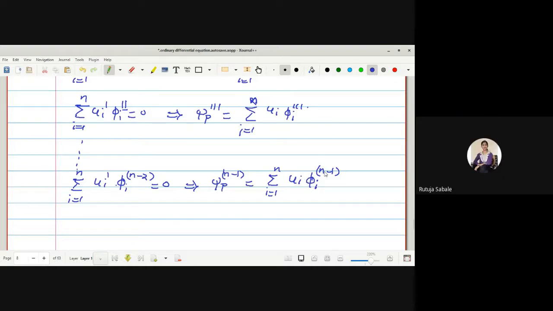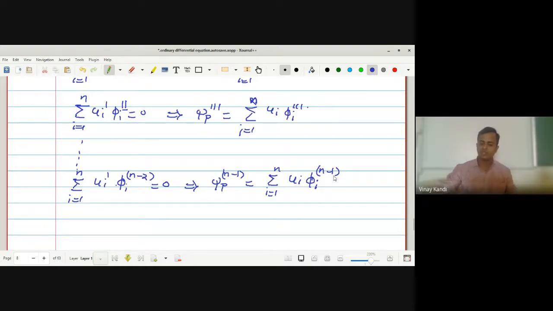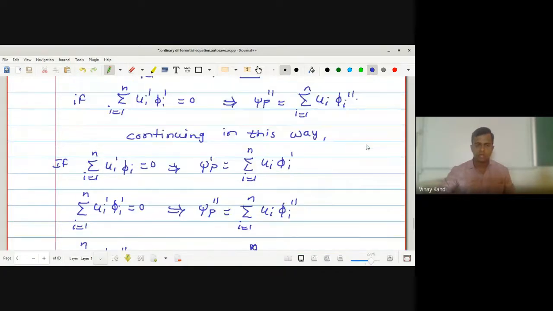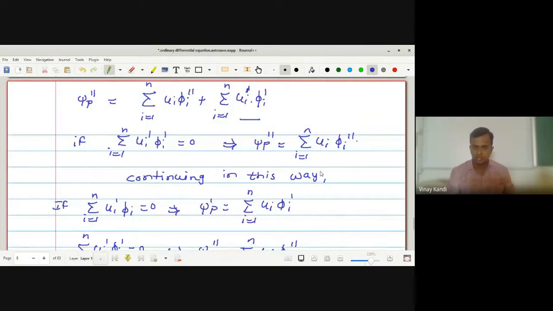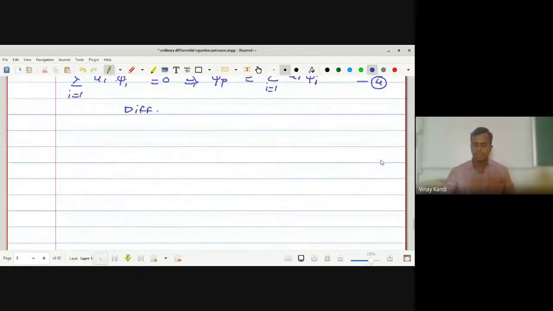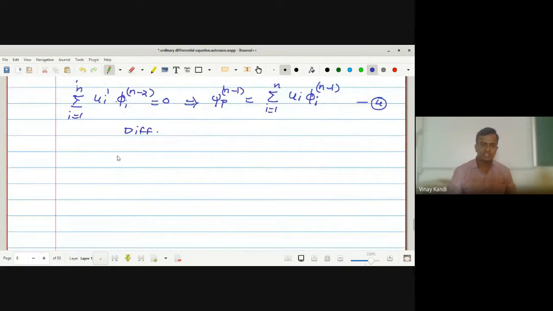Now again differentiate this equation with respect to x again. Give it as equation number 4. Okay, ψp'', give this equation number 3. Okay, now again differentiate with respect to x.